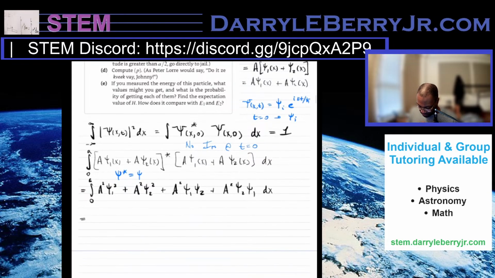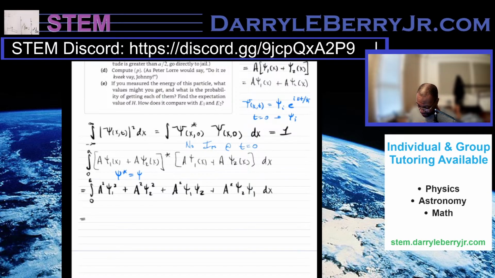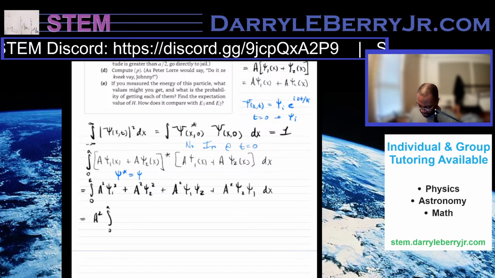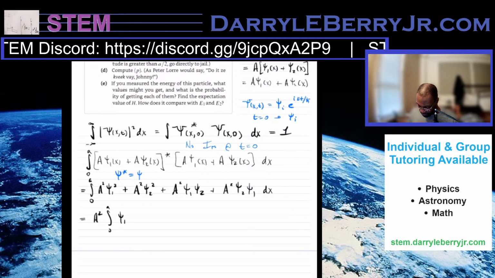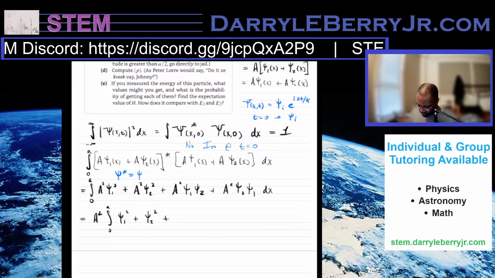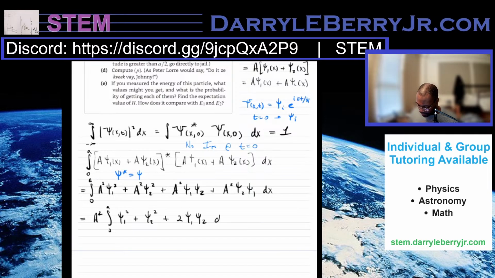So that's going to become integral from 0 to a, and I can actually factor out a squared. Integral 0 to a of psi 1 squared plus psi 2 squared plus 2 psi 1 psi 2 dx.